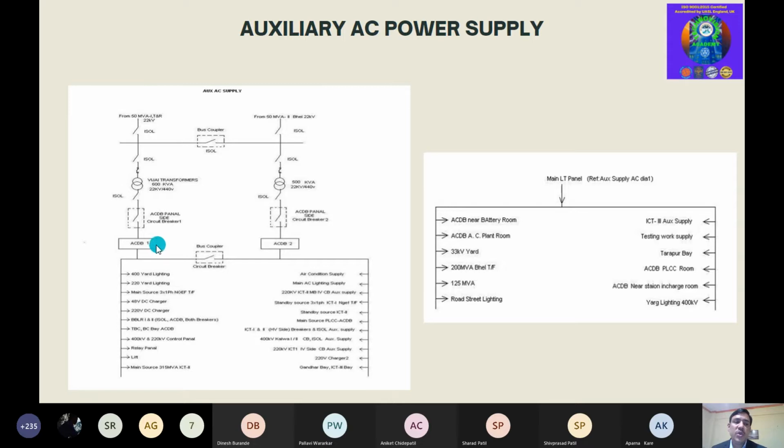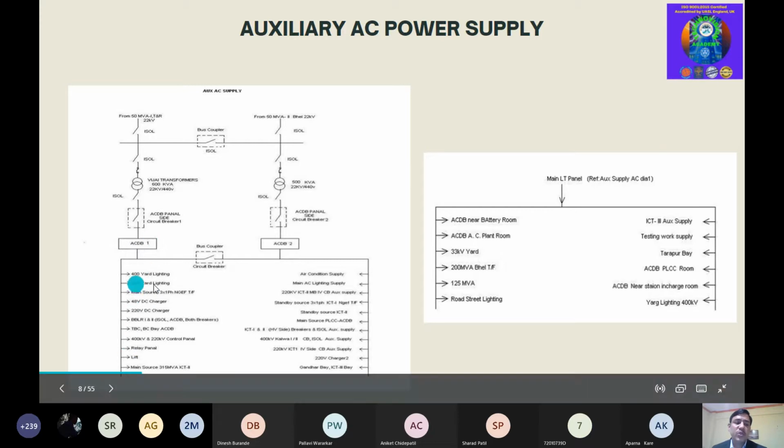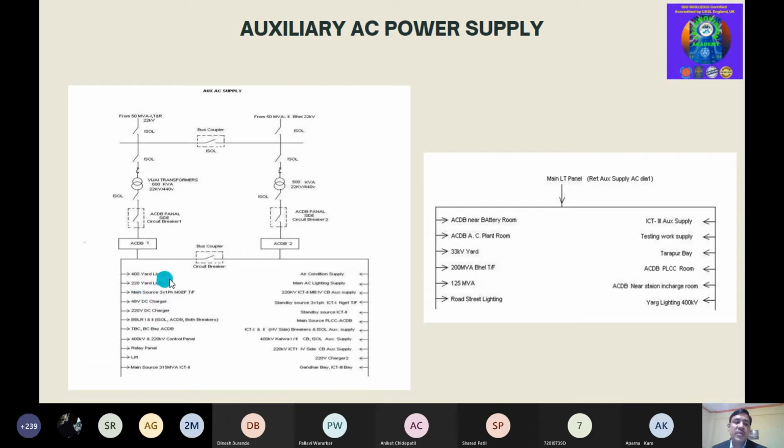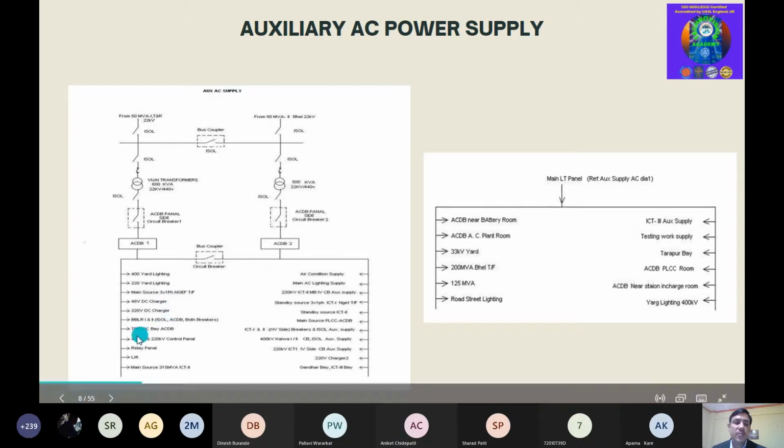In the AC distribution board you divide this AC supply for the different feeders. Here I have shown some feeders, like 400 kV yard lighting, 220 kV yard lighting, main source. Then you provide the incoming source for the chargers also. Your chargers are AC to DC converters, so you provide AC supply as an incoming, and you get the output of the charger in DC. For communication we have 48 volt chargers, and for protection and control we have 220 volt chargers.